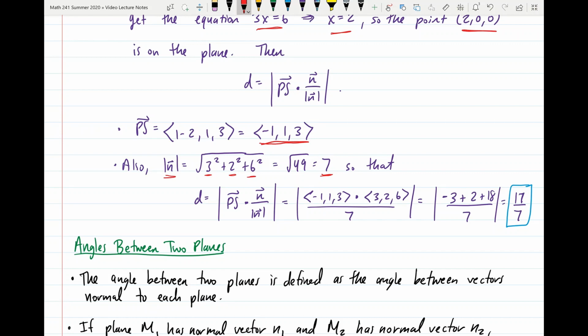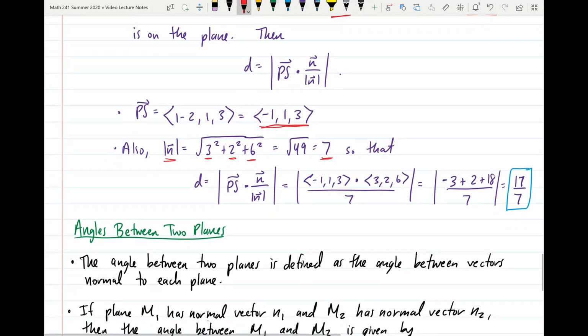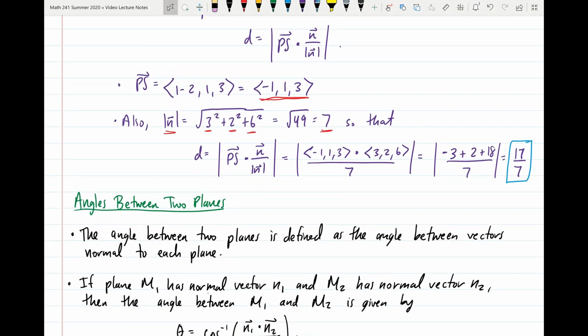And now we actually have all of the information we need. So again, the distance is equal to this magnitude given here. We just found the component form for the vector from P to S. So we write it here as -1, 1, 3. And we're going to take the dot product of that vector with the normal vector that we found, which is in component form 3, 2, 6.